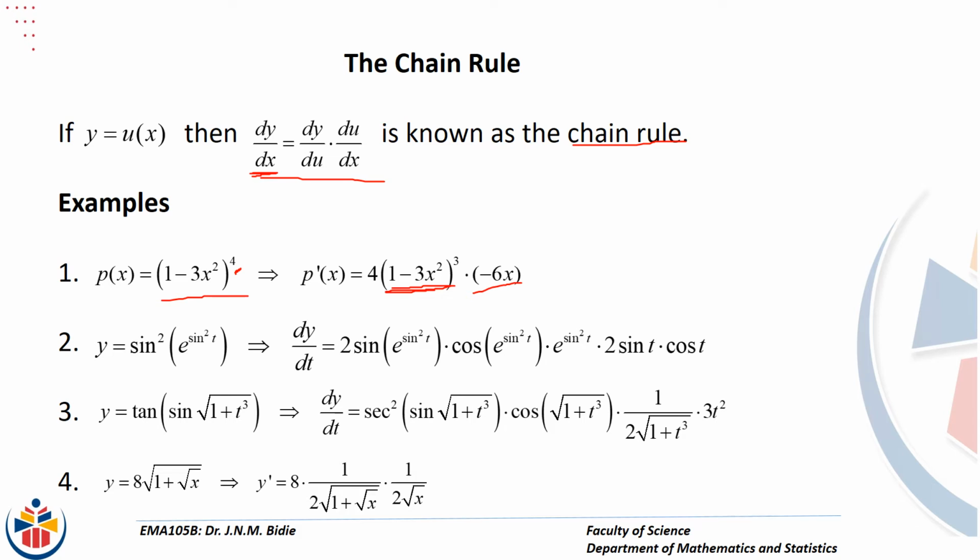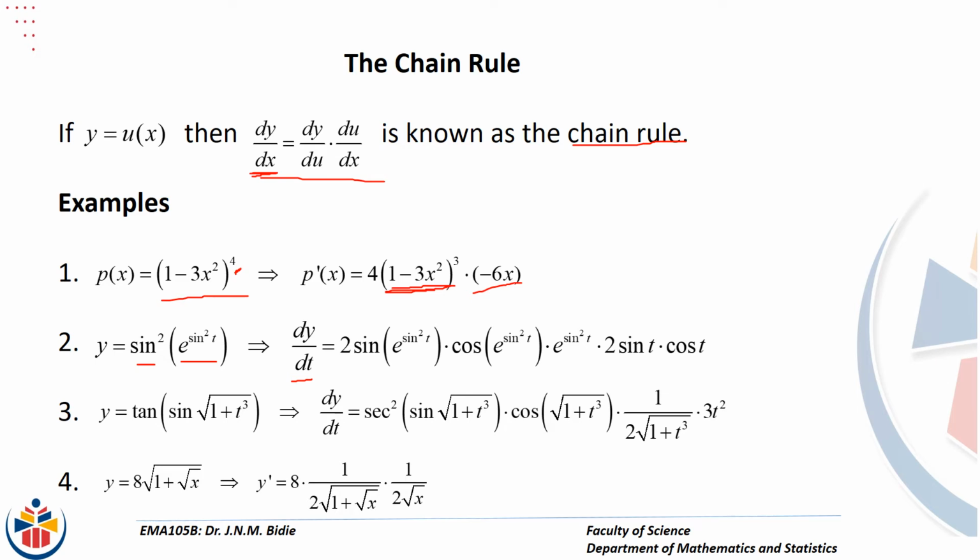Let's go to number 2. Number 2, we have y equal to e to the power sine squared t, so we're looking for dy over dt.